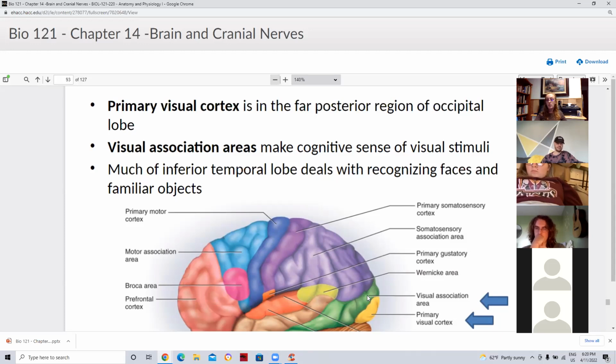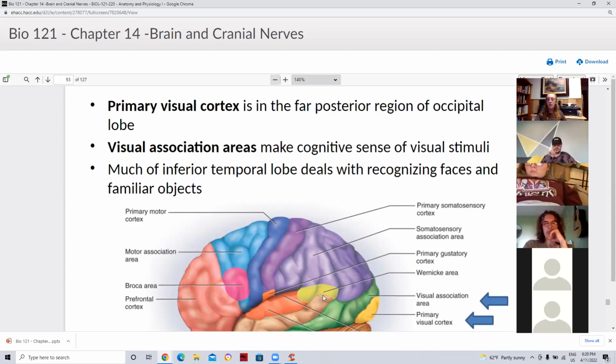One thing that I'm curious about is, because you know that Wernicke's area is a language area, when you learn to read, I think you are training all three: the primary visual, the visual association area, and Wernicke's area.